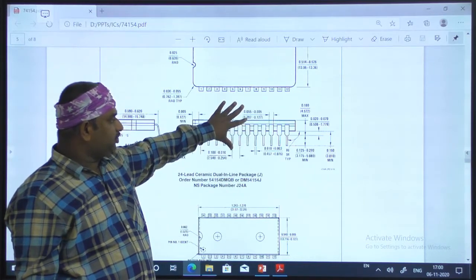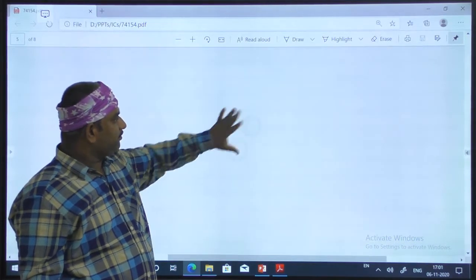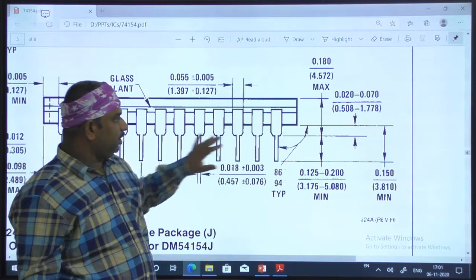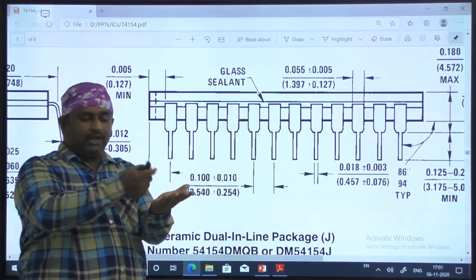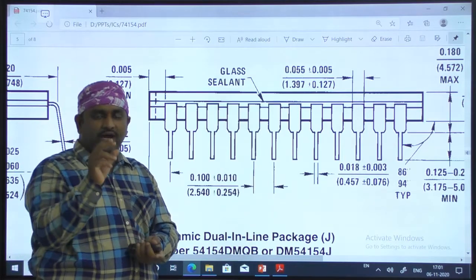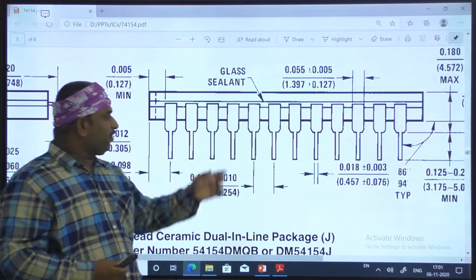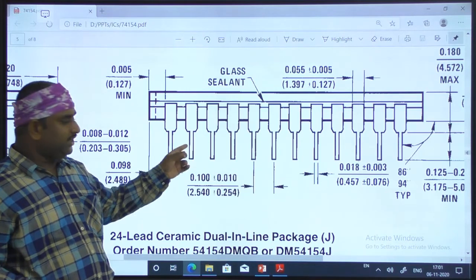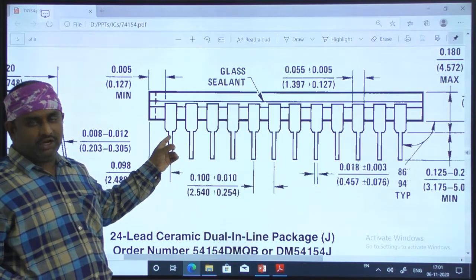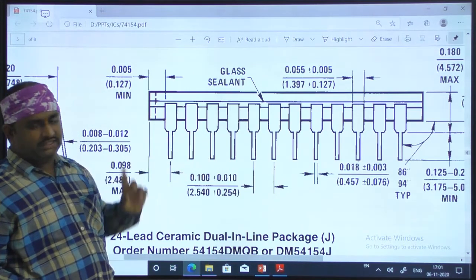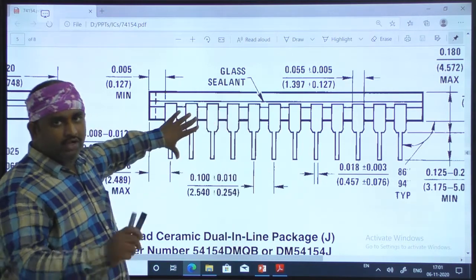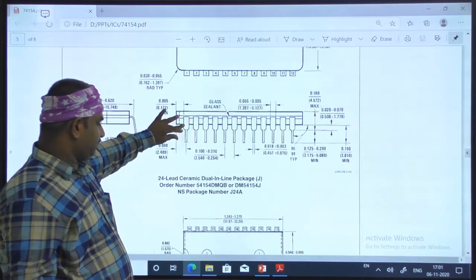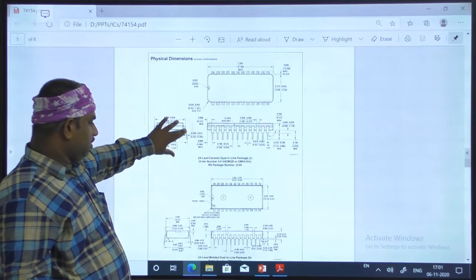So each piece of information is given. When you take that IC, look at it from the side view, and you can see the IC description. These are the stainless steel metal pins of the IC, and the IC thickness, IC color, and total IC dimensions are given here.